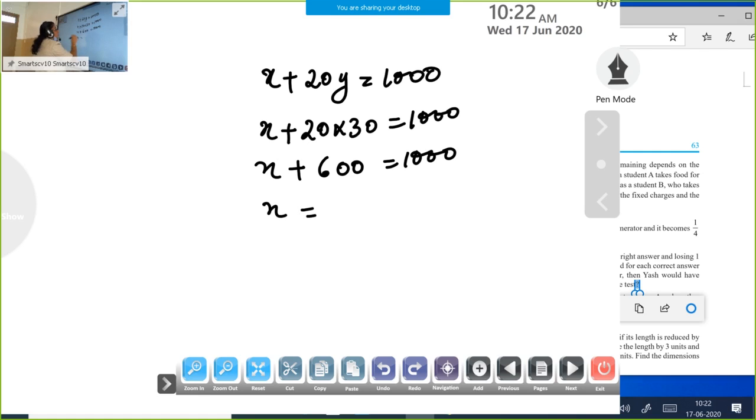X is equal to 1000 minus 600, that is equal to 400. The fixed charge is 400 and the charge for 1 day's mess is equal to 30 rupees. Clear?